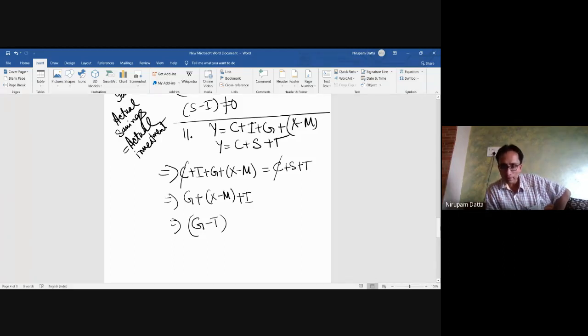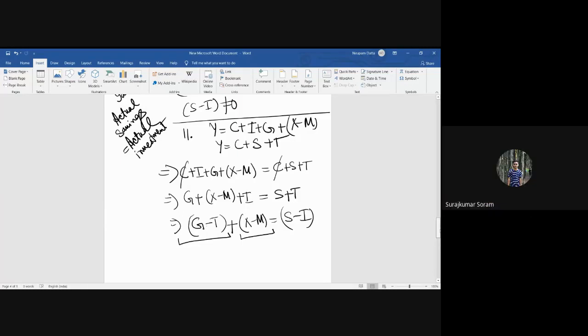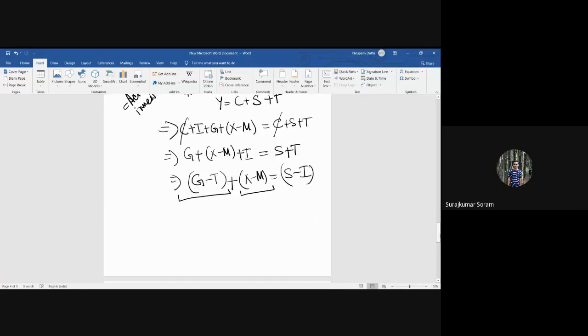First of all, we are cancelling. So that gives us G plus X minus M plus I, and here S plus T. Now we are taking T to the left side, so this is G minus T, plus X minus M, and we take I to the right side and write it as S minus I. So what is G minus T? Budget deficit.